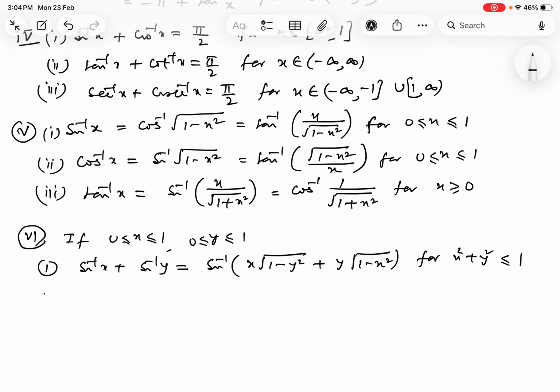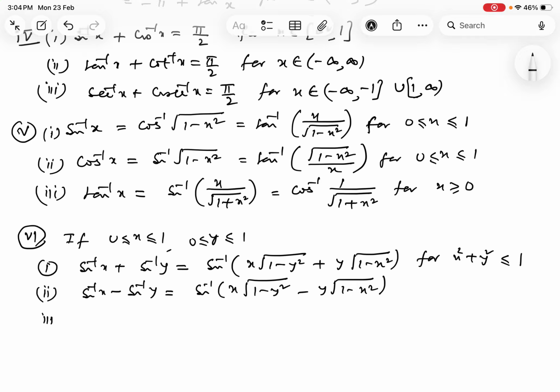In this second result, sine inverse x minus sine inverse y is always equal to sine inverse of x into root of 1 minus y square minus y into root of 1 minus x square.